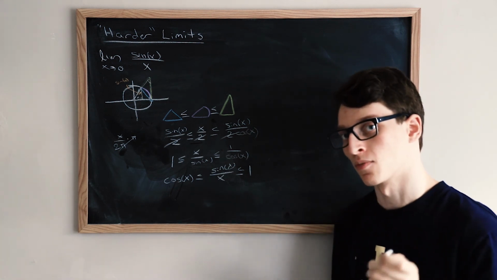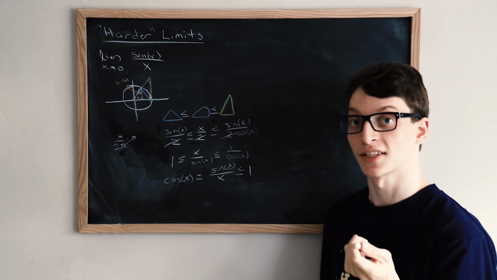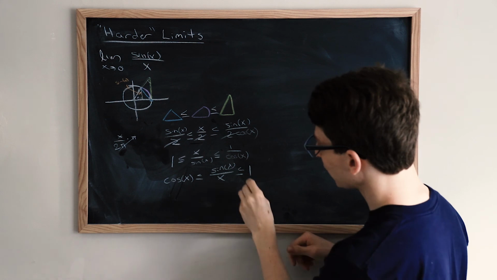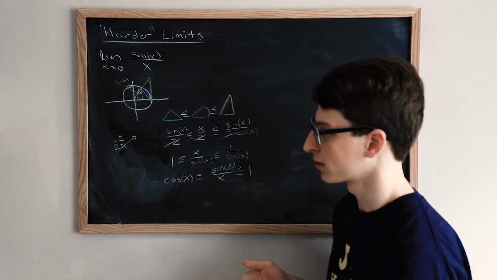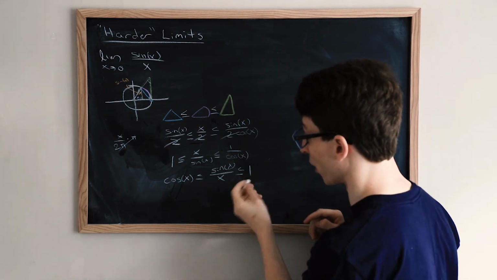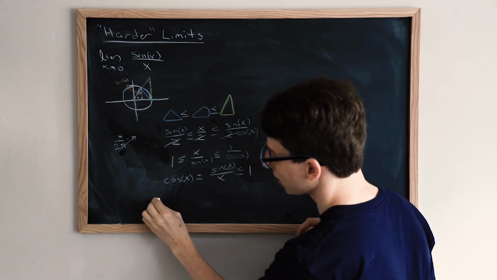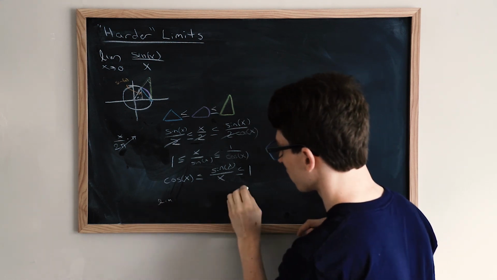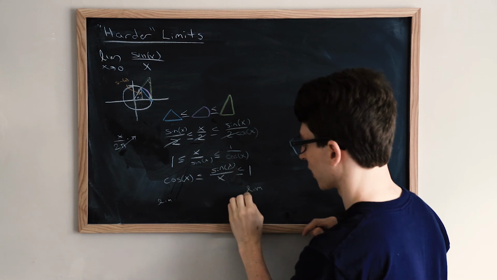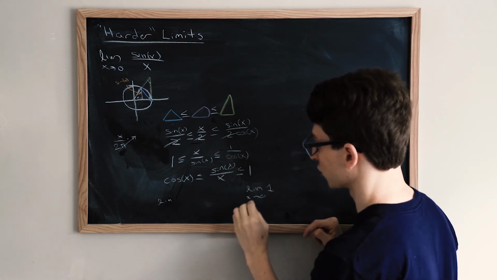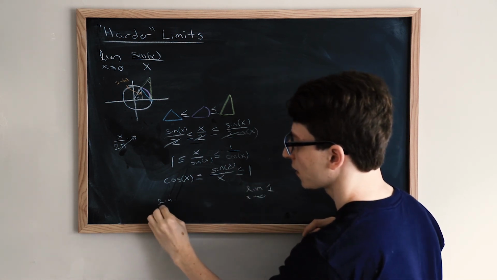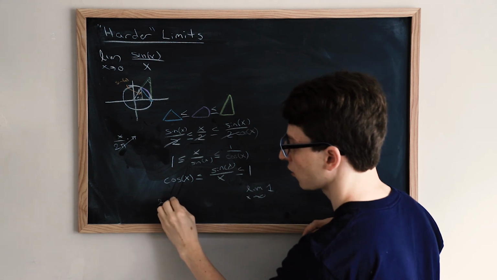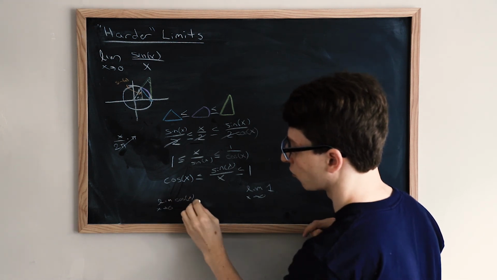And now it might seem a little bit more apparent where this idea of squeeze theorem is coming from, because the limit of 1 going to 0, but really going anywhere, is just 1. So if we take the limit everywhere, the limit of 1 as x goes to 0 is just going to be 1. And the limit as x goes to 0 of cosine of x is also 1.